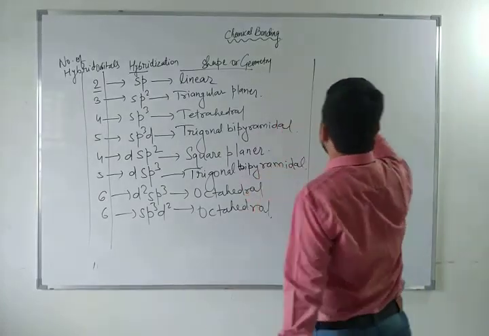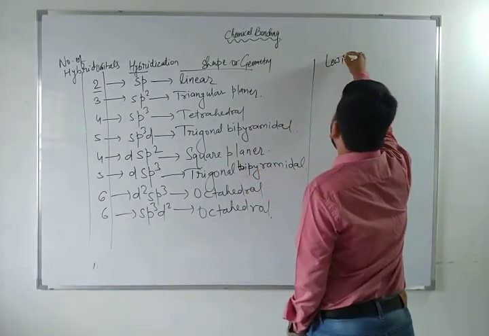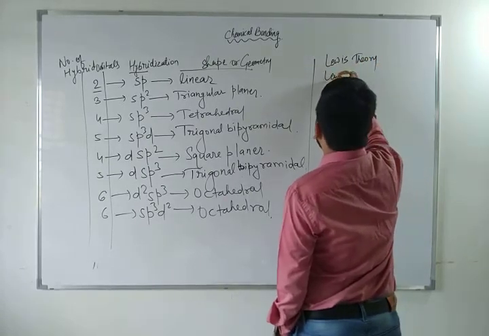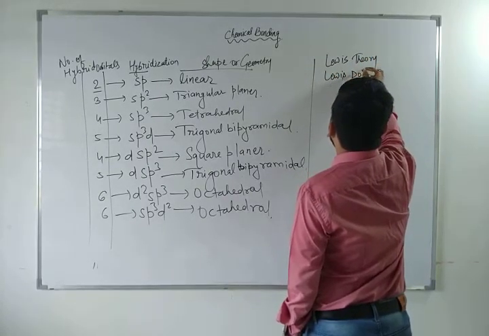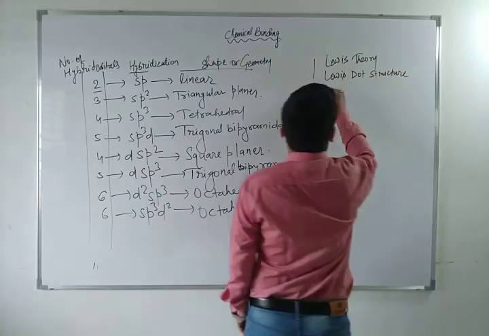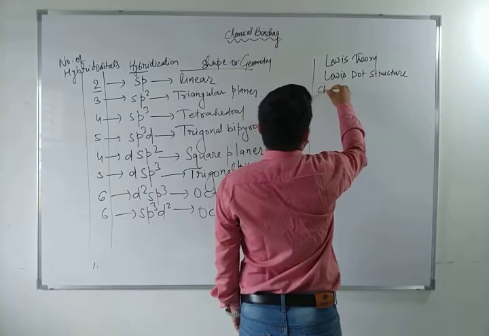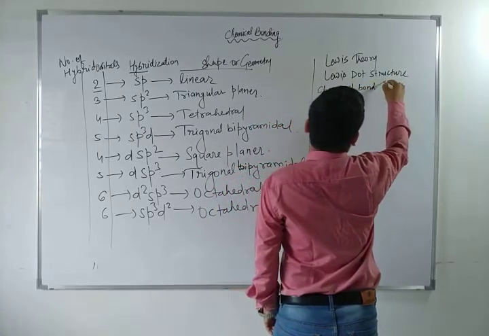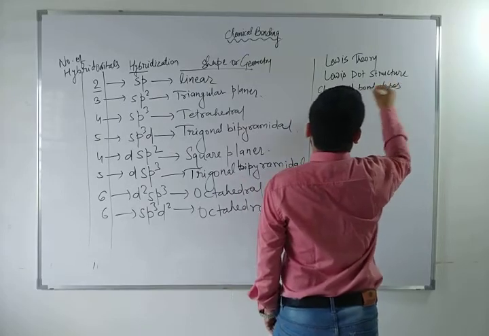See, in this whole chapter, what have we understood? We have understood Lewis theory, Lewis dot structure, after then chemical bond types. What are those?